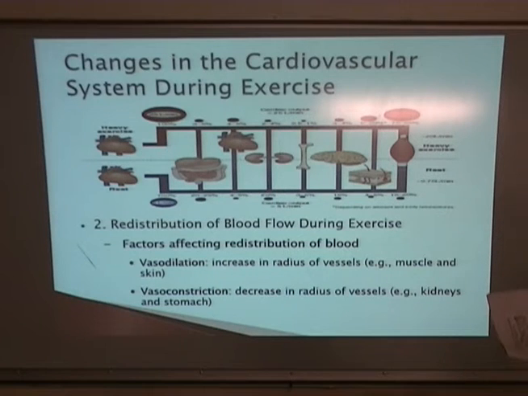So we only see a teeny tiny change, a little bit of increase in blood flow to the brain. The heart gets 4 to 5% of 5 liters at rest, and then 4 to 5% of 25 liters when we're exercising, all right?